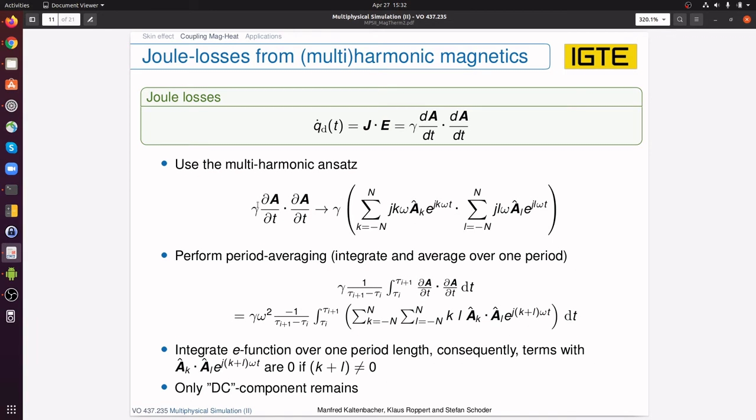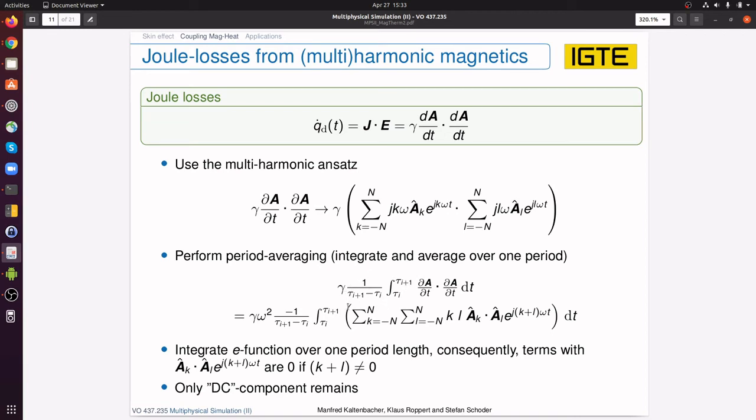So we insert the multi-harmonic ansatz, so a Fourier series from minus n to n for the magnetic vector potential. So we have a multiplication of these two truncated Fourier series, and the period averaging is done by integrating this term over one period and averaging over the period length.